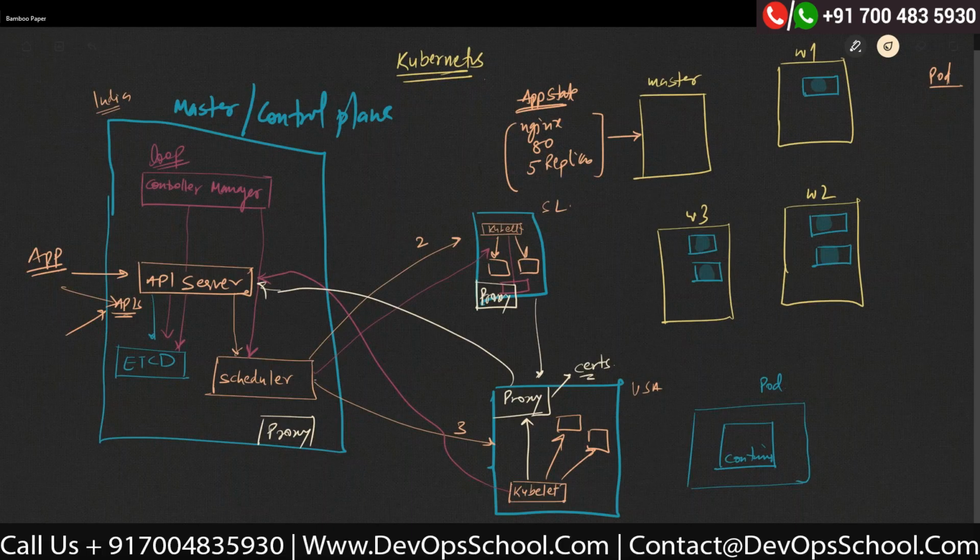Kube scheduler via proxy will talk to kubelet. Okay, so proxy enables this communication, this encrypted communication. Make sense how this cluster works?